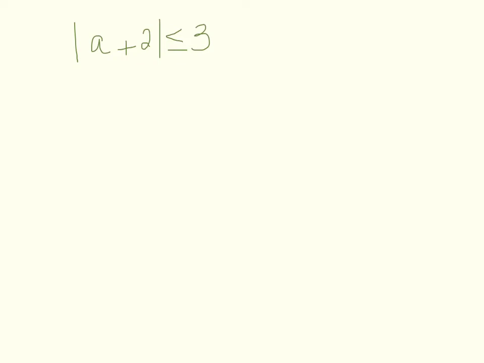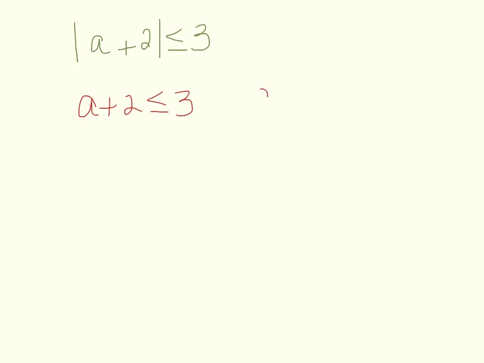All right, let's look. The absolute value of a plus 2 is less than or equal to 3. Okay, so we're going to do the same thing, but we can't start off with a number line, because they're absolute value. So we are going to rewrite the first inequality. Again, remember from the last slide, the first inequality looks exactly like the original, without the absolute value.